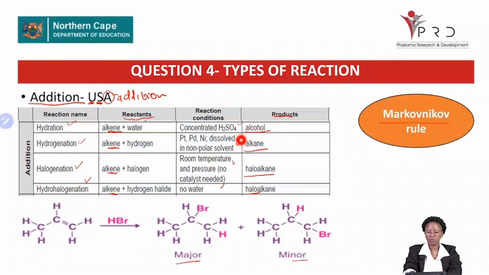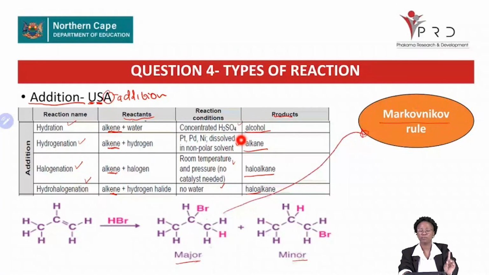One is a major product and one is a minor product. So when you are following Markovnikov's rule, you are looking at the major product, not the minor product. But all the time when you are doing your drawings, always write a major product, unless the examiner indicates that they want to see a minor product. If they don't indicate they want to see a minor product, always give us a major product.